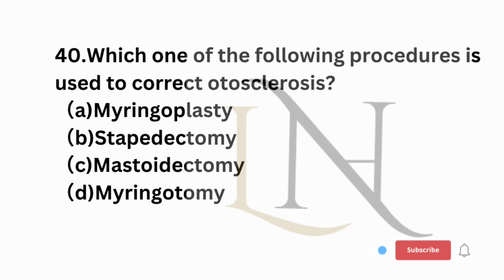Move to next MCQ. Which one of the following procedures is used to correct otosclerosis? Option A, laryngoplasty. Option B, stapedectomy. Option C, mastoidectomy. Option D, laryngotomy. Correct answer: option B, stapedectomy.